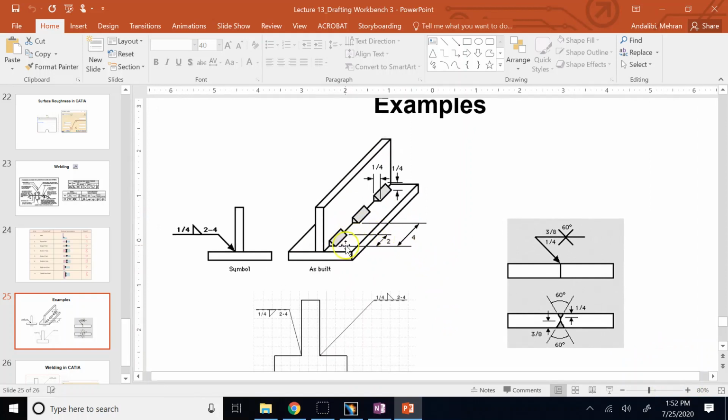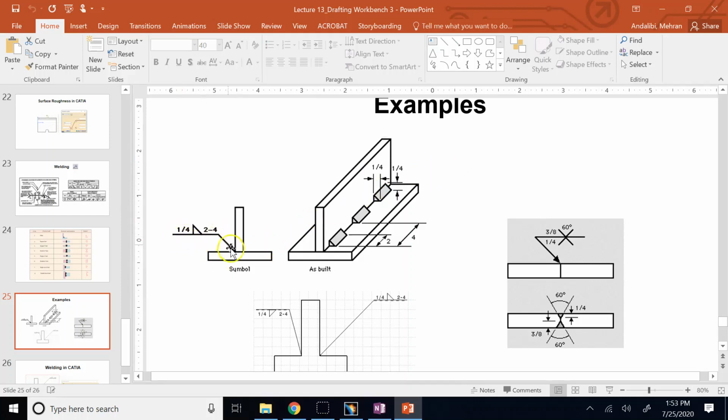So if the welding has several patches and each patch is 2 inches long, and the distance between each patch to the next is 4 inches, and the cross section of the fillet weld, these two sides of this right triangle are 1/4 inch each, how would you show that to the manufacturer when they want to do the welding?